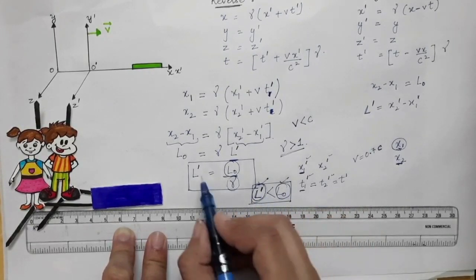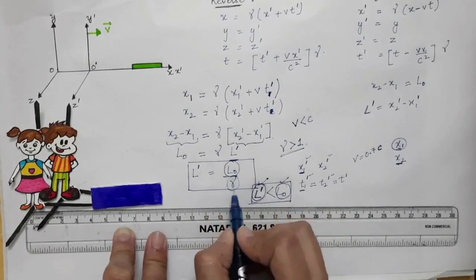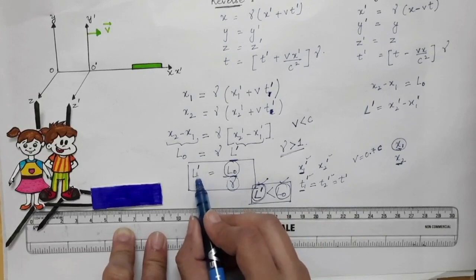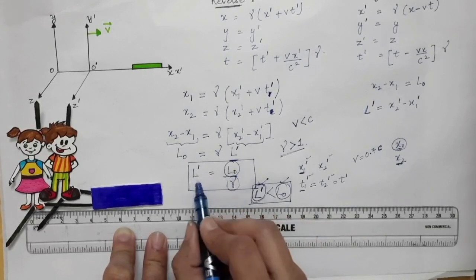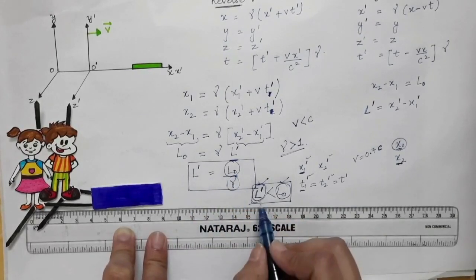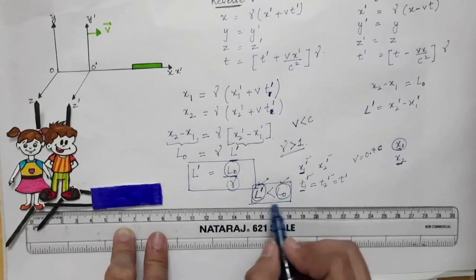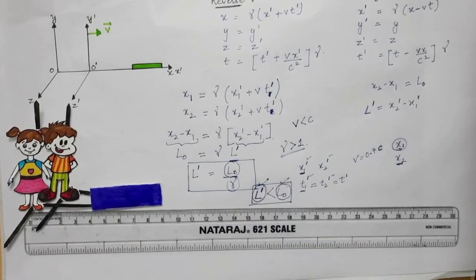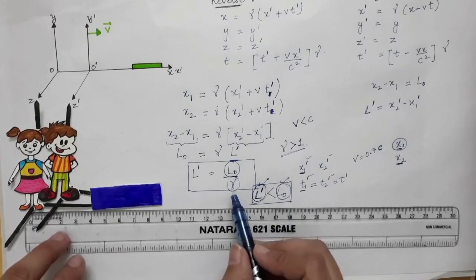We have seen that L prime is equal to L0 divided by gamma. This is how the proper length and the length of the moving object are related. L prime is always less than L0, meaning whenever the object is moving, its length gets contracted, shortened by a factor of gamma.